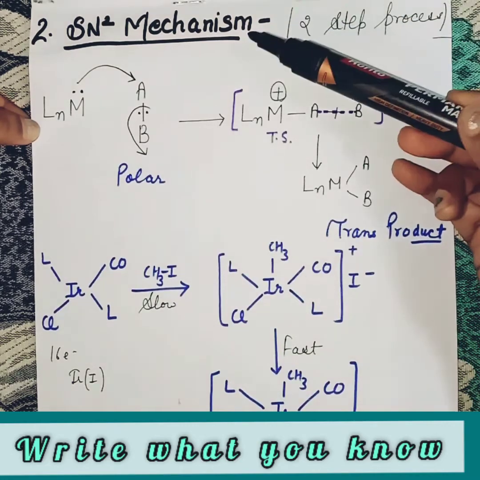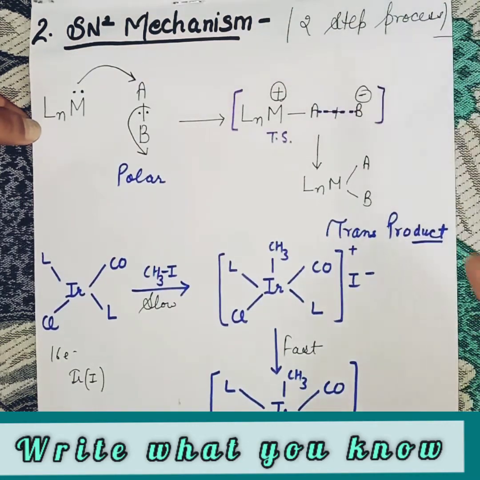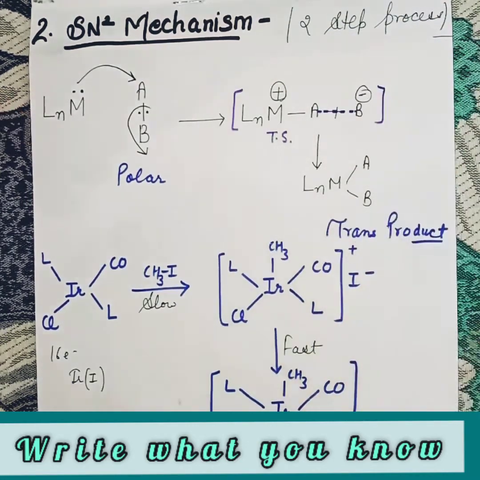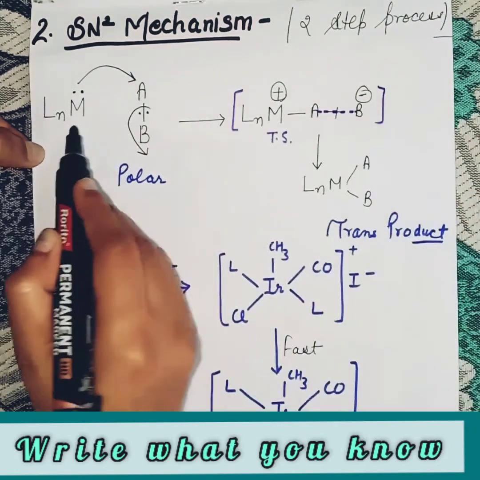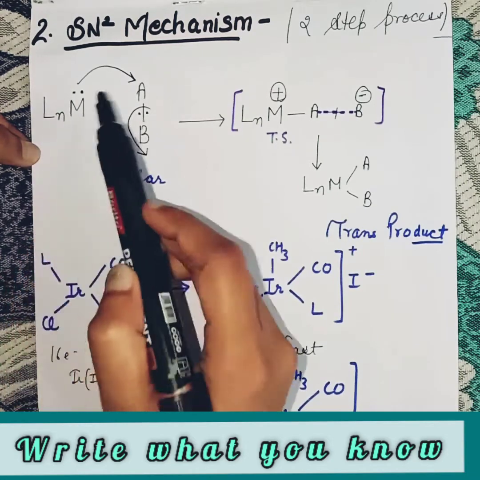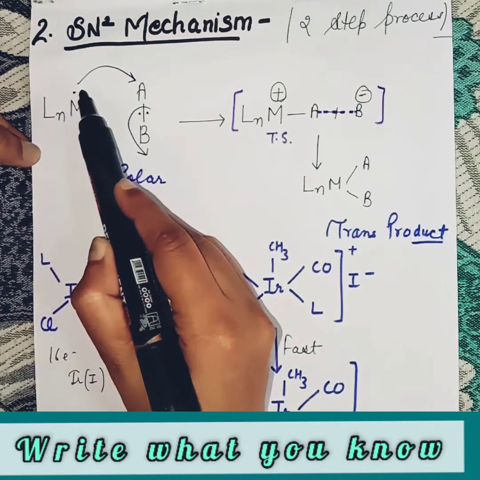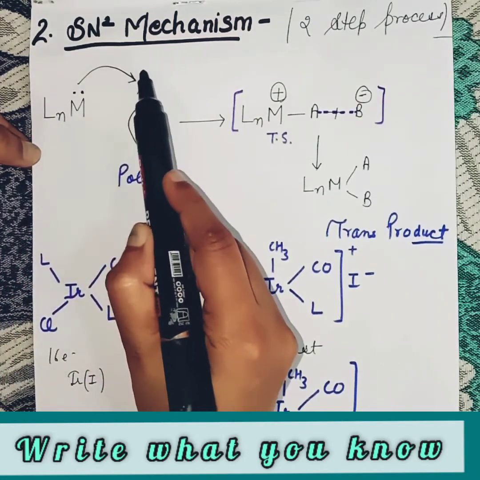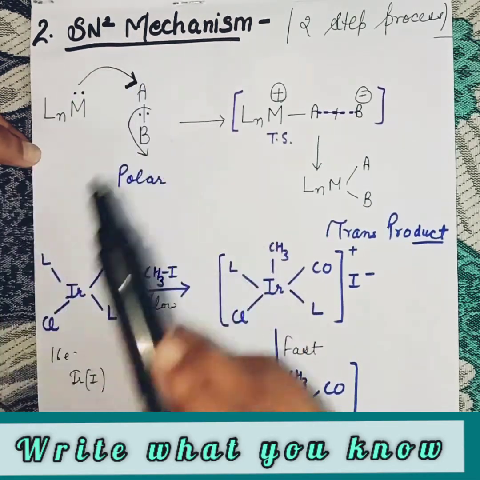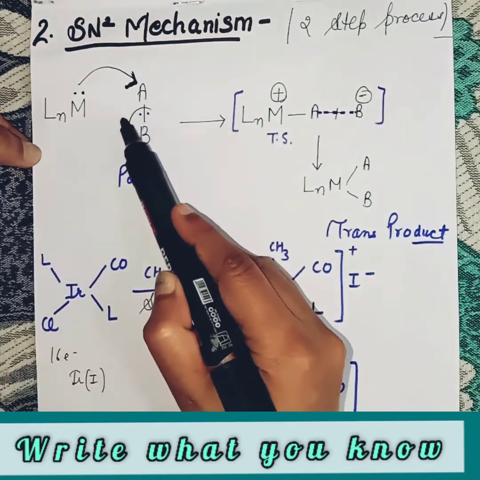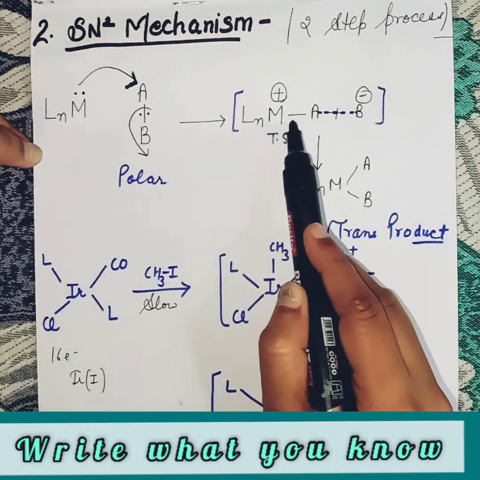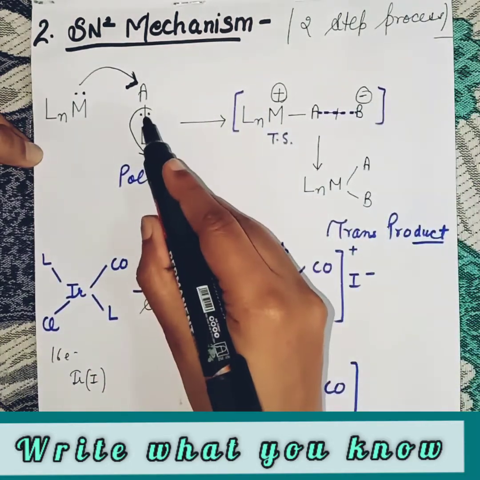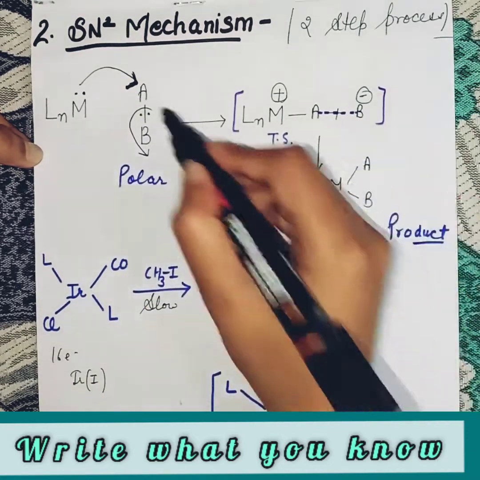The second mechanism is the SN2 mechanism. It is a two-step process. As we have this complex, electron density from this metal atom goes to this atom of the molecule, and this gets attached to the metal while B is going to detach from the molecule.